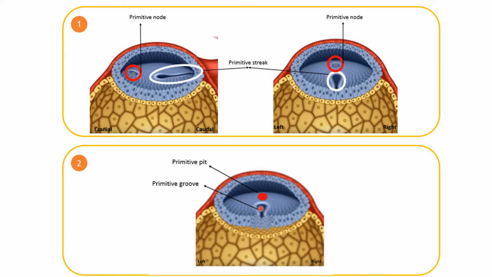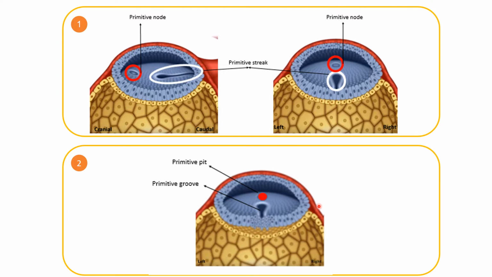So what happens is that some of the cells at the centers of both the primitive streak and the primitive node start to apoptose, or start to die. This apoptosis basically creates a cavity where there used to be cells that have now apoptosed, right?